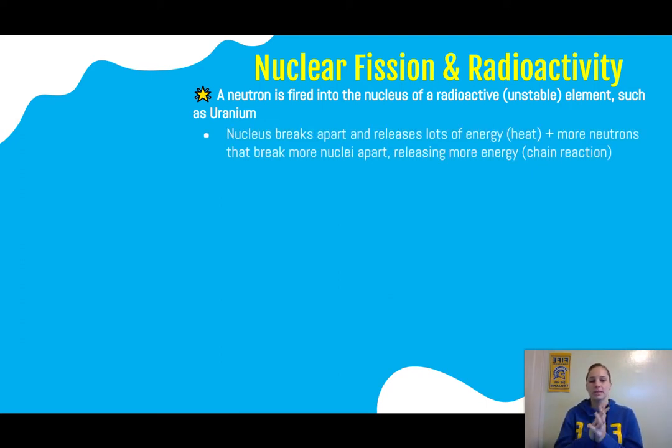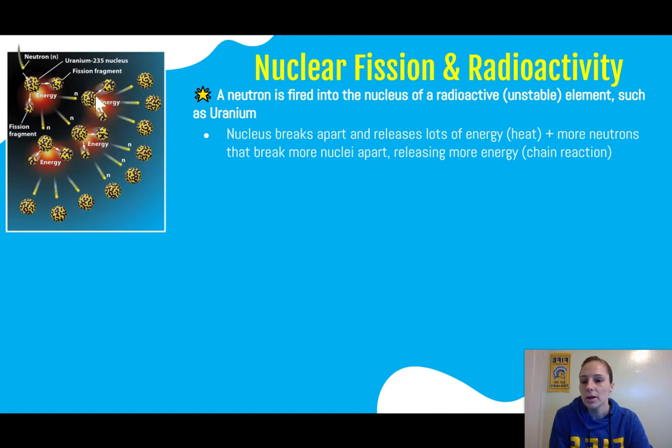What happens is the nucleus breaks apart and it releases a bunch of energy, which is heat. However, in addition to this initial reaction that releases heat, you're also going to have more of the neutrons going and breaking apart more nuclei, and it causes this chain reaction of more and more energy being released.